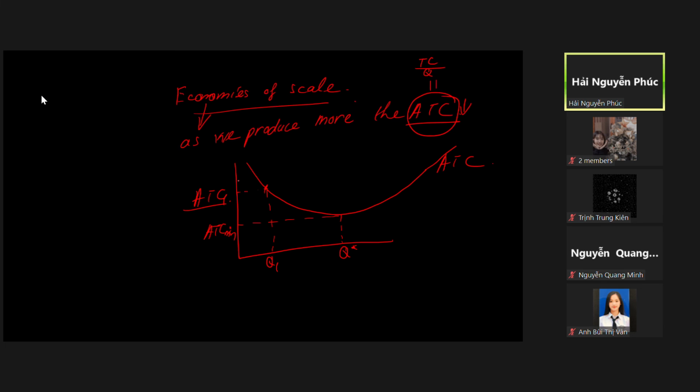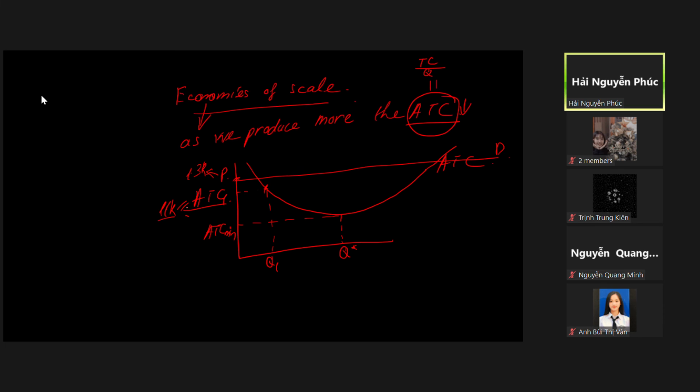Bởi vì ví dụ thầy vẽ đường cầu ở đây để các em nhìn rõ. Đường cầu, demand at market price, đây là giá thị trường. Ví dụ giá thị trường của một cân gạo là 13.000 đồng. ATC của một hộ nông dân cụ thể nào đó đang là 11.000.